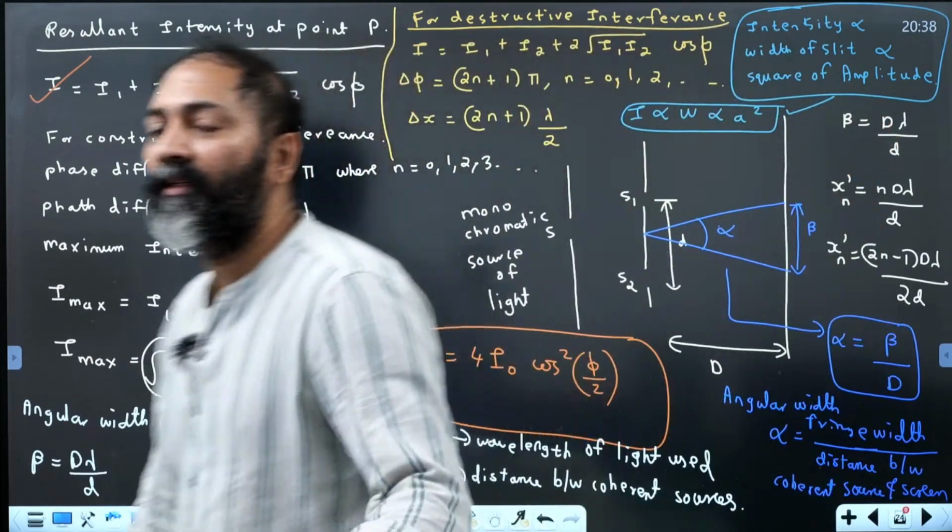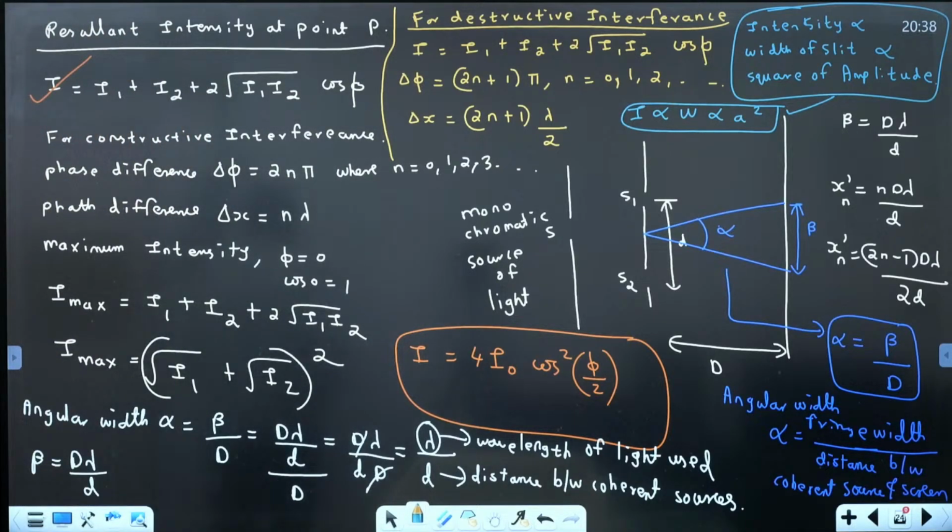Remember: intensity directly proportional to width of the slit, directly proportional to square of the amplitude.